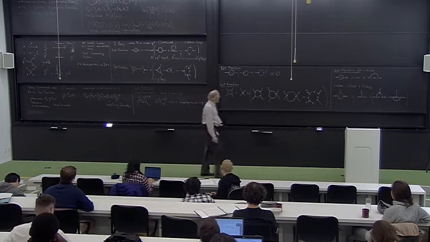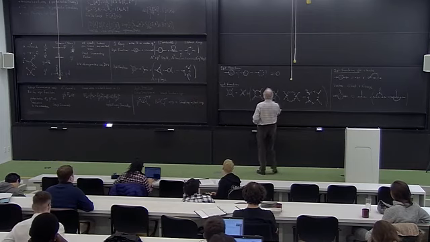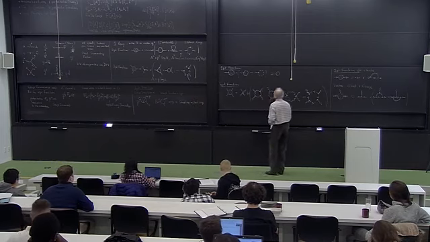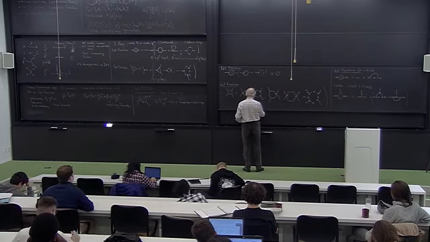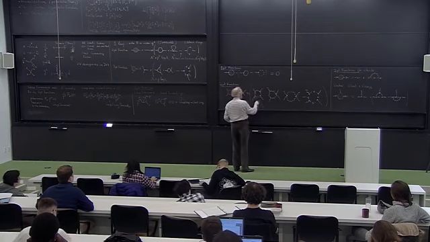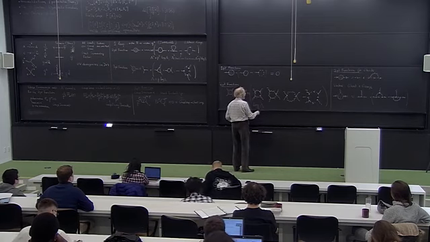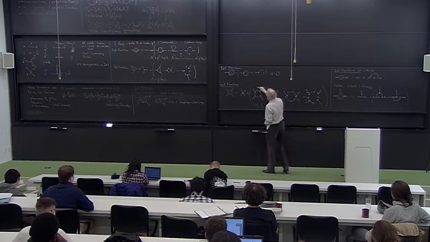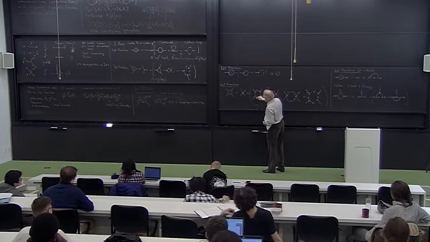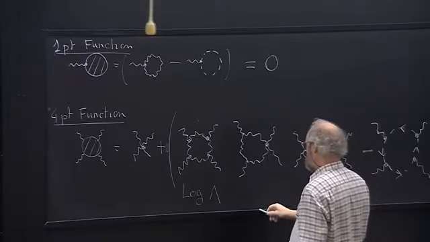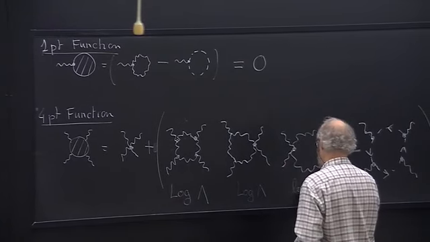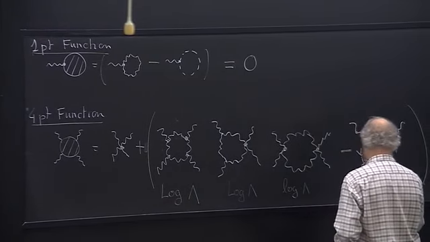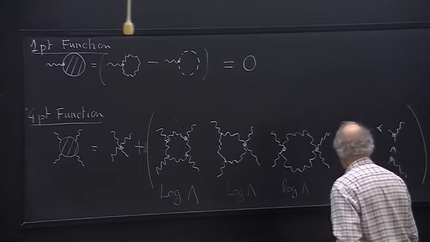And finally, these diagrams, well, if you start to count, can contain only log of Λ, because this is 1 over k squared times a k. You may have a momentum here. You may have a 1 over k, 1 over k, 1 over k. So all these diagrams contain log Λ terms. Okay.